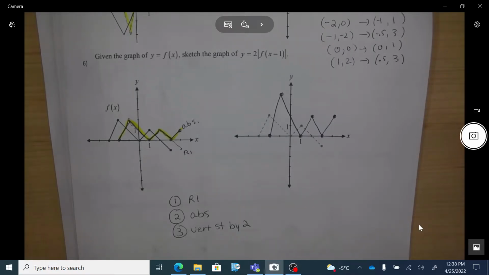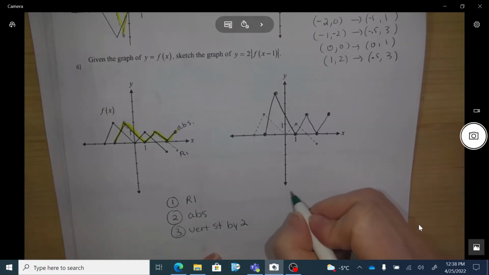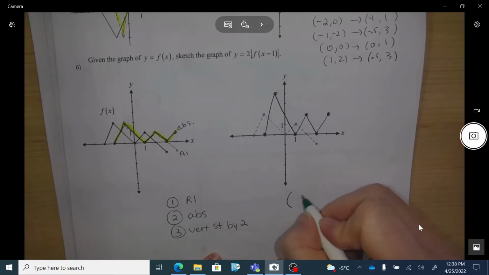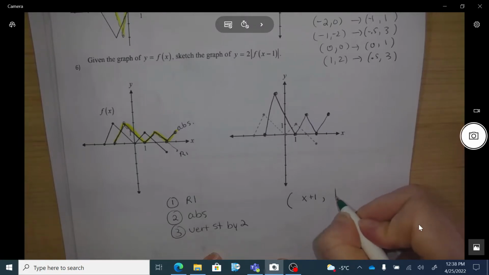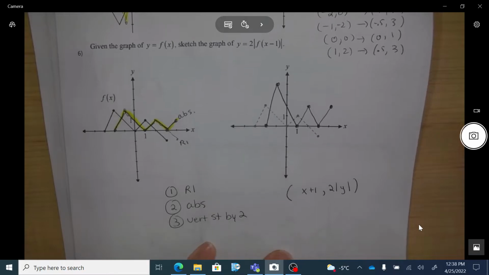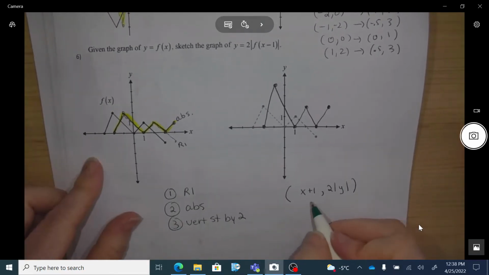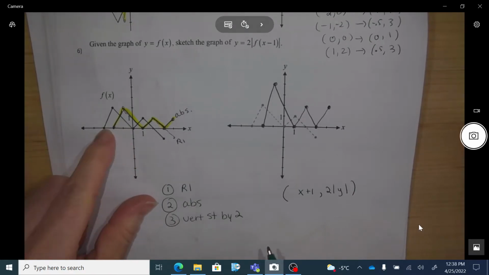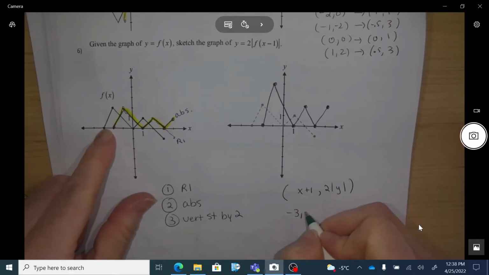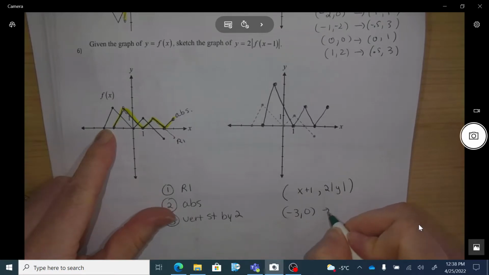All right, we also could have done coordinates, so x plus 1, then we would be absoluting y and then timesing by 2 after. Okay, so you could have done that to move the coordinates. So I'll give you 2 examples. -3, 0 would move to -2, comma.